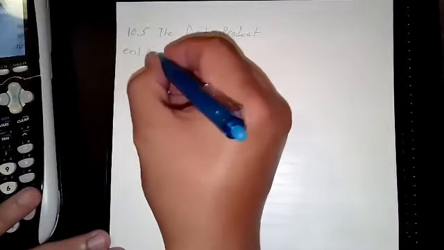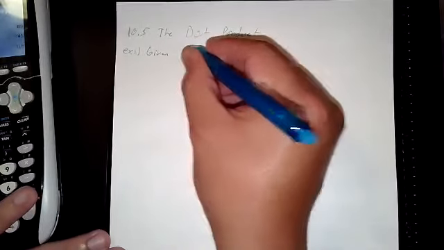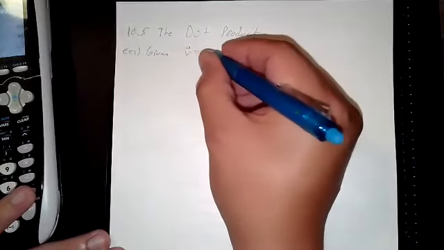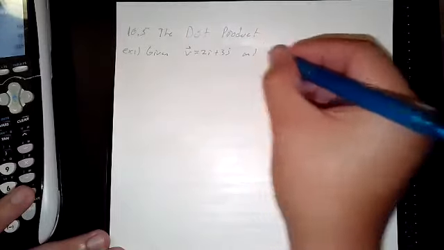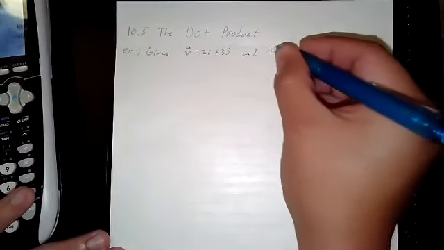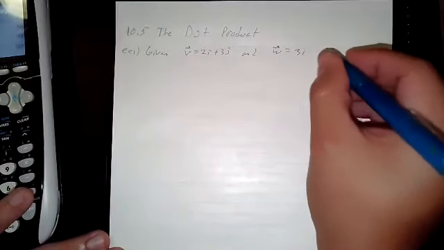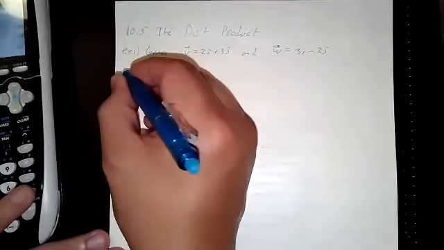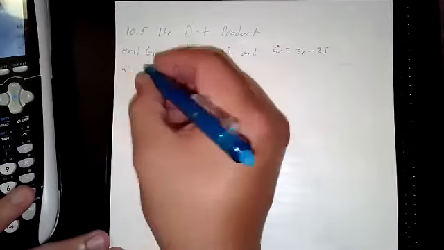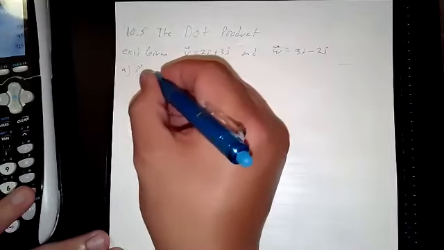So given two vectors, v equal to 2i plus 3j and w equal to 3i minus 2j. Part A will find the dot product of v dot w.